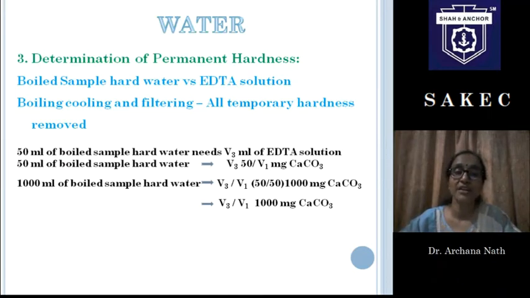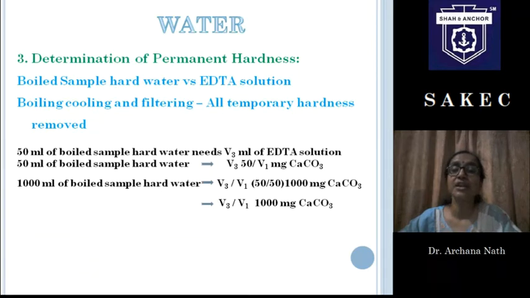So what can we write? 50 ml of boiled sample hard water needs V3 ml of EDTA. So 50 ml of boiled sample hard water is equivalent to V3 into 50 divided by V1 milligram of calcium carbonate. Now 1000 ml of boiled sample hard water will definitely be equal to V3 by V1, like the earlier step.